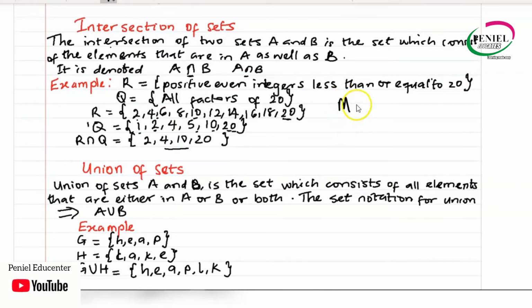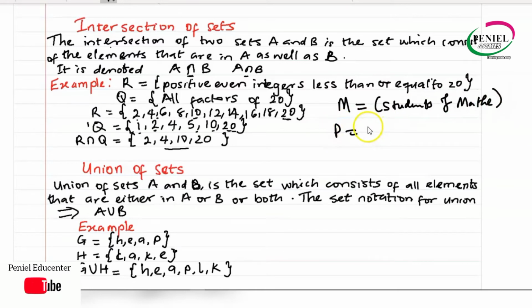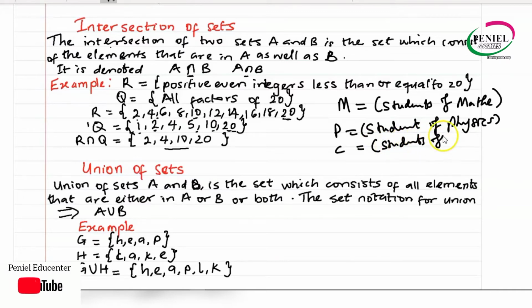So if we are given that M is the students of mathematics, just short form like that, and we're given P as students of physics, and C to be students offering both mathematics and physics.